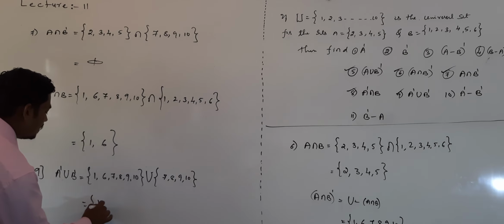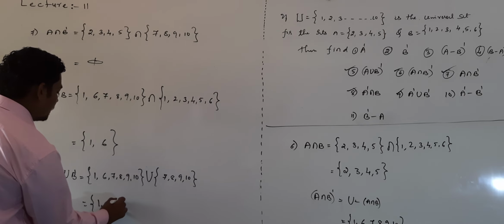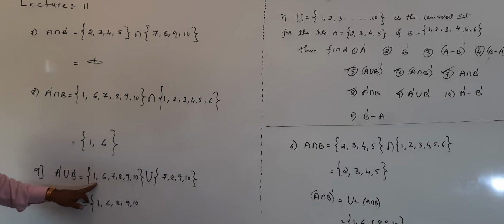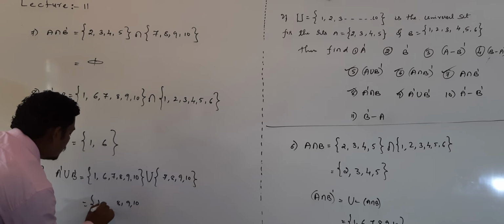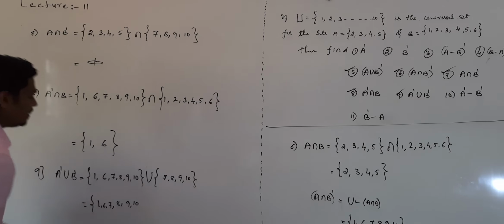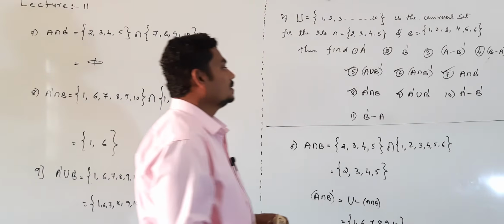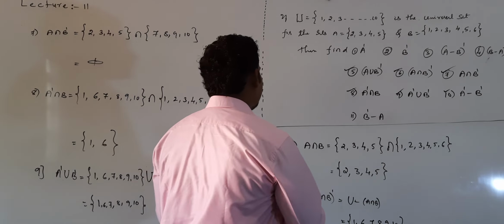Union means 1, next 6, 7 is common, 8 is common, 9 is common, and 10. 1, 6, 7, 8, 9 and 10. This is our A complement union B complement. Next 10th one, A complement minus B complement.